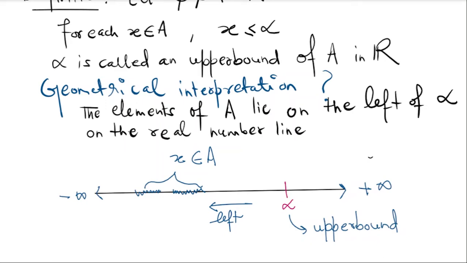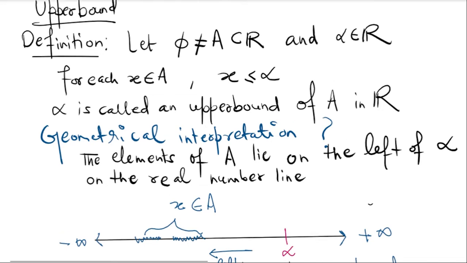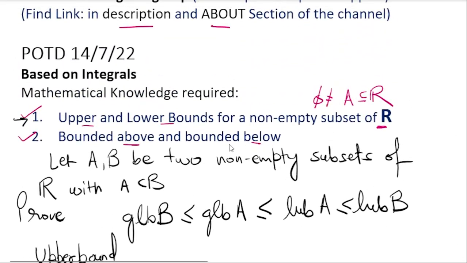And just a quick answer to the second requirement, this one. I have already defined what an upper bound is. Now on similar lines you can easily define what it means by lower bound for any non-empty set. You can easily define it yourself.